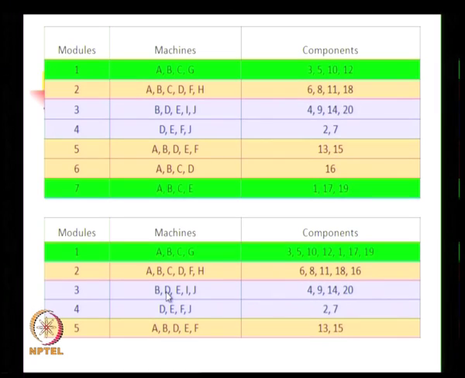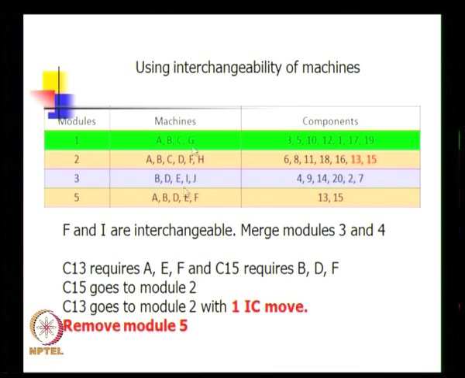Now, B, D, E, I, J, D, E, F, J. So, F and I are interchangeable. So, we again use the interchangeability idea and merge these two modules 4, 9, 14, 20, 2 and 7. So, we do that to get this one.